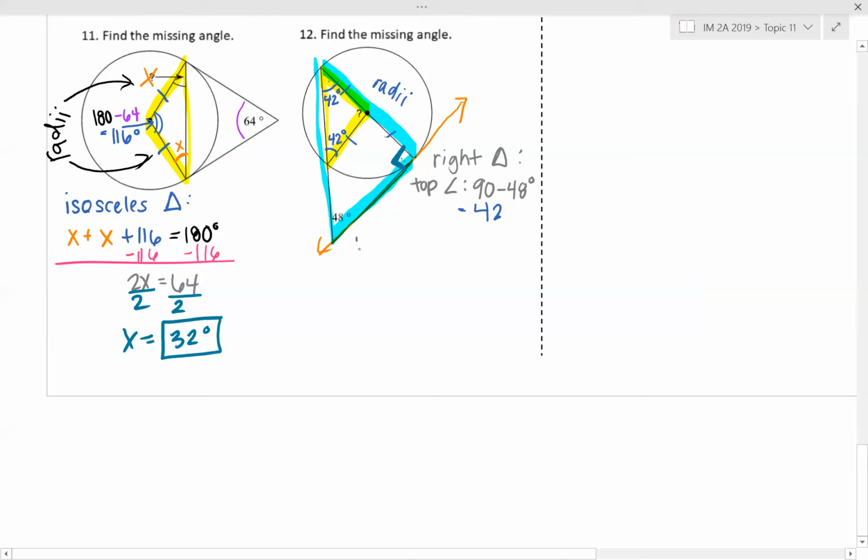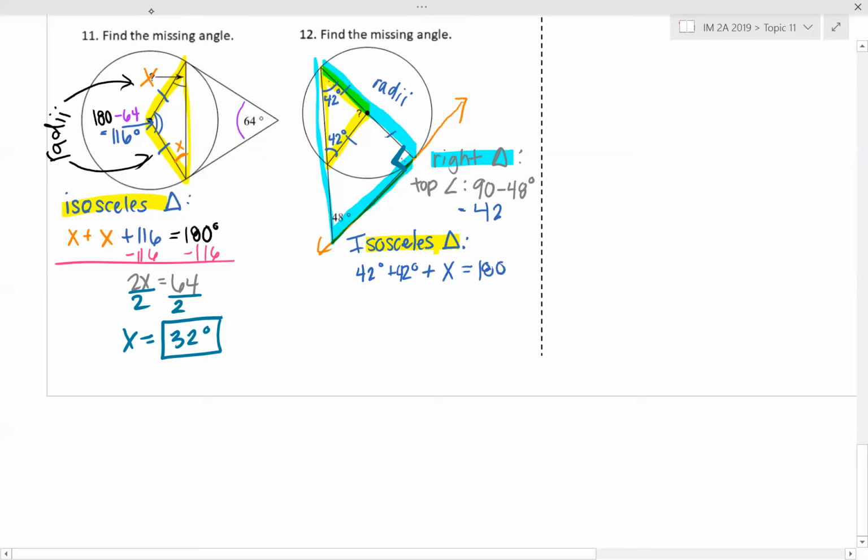So now we have another isosceles triangle. And so we can take those three pieces and solve for the missing one. So I know that two angles are 42 degrees. I know that the missing angle is x, and that must be equal to 180.